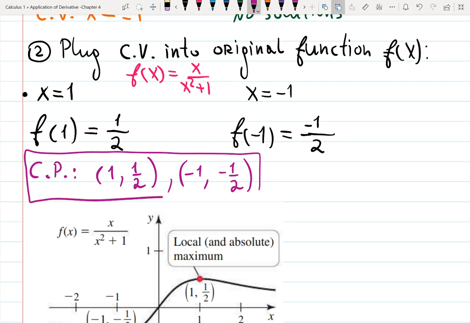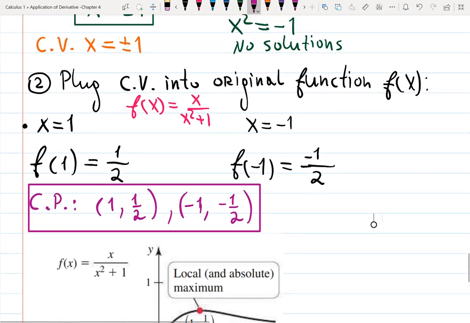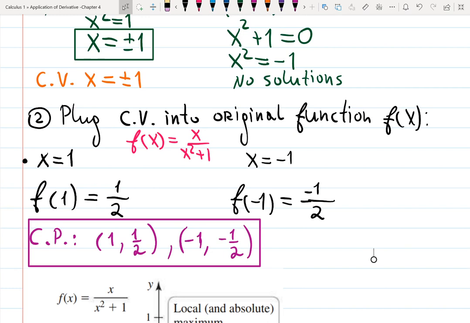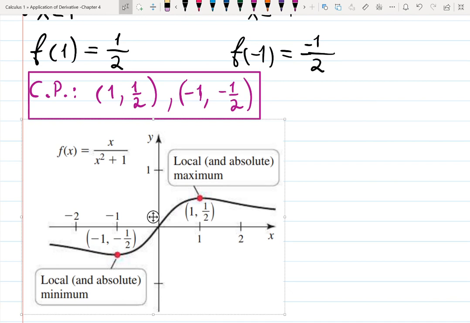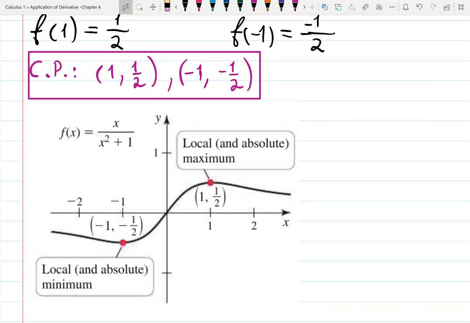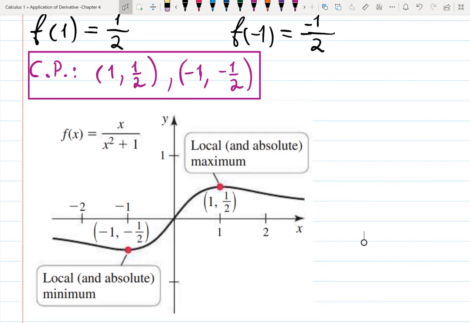Now, we never asked you to find absolute minimum or local minimum or absolute maximum or local maximum. This has nothing to do with this right now, because we still need to learn how to test these points to see if they give you any global or local extreme values. But one of the tests is to look at the graph. And here's the graph. I found the graph of this function for you. We're going to teach you which tests are the best to use for these cases.